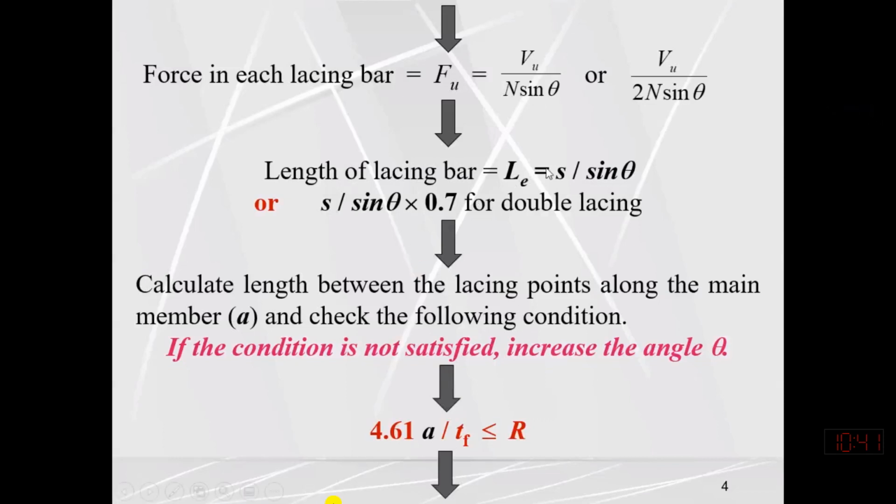LE will be equal to S over sine theta if we are using single lacing. For double lacing, we multiply S over sine theta by 0.7, because the effective length is considered as 70% of the total length between the centers of the holes. And then we can compute the A value.